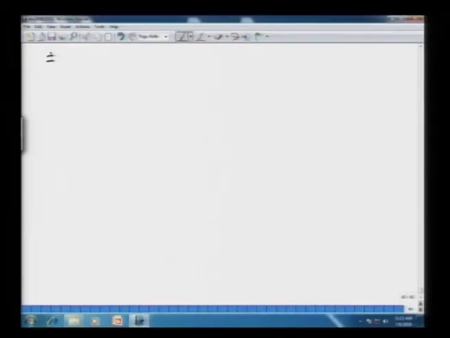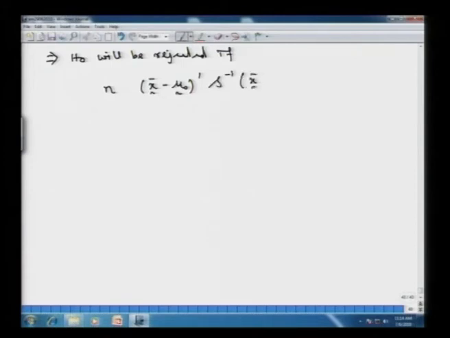And thus, this would imply that H naught will be rejected if we have this quantity n times, now I will plug in the supremum value of that. The supremum value is given by x bar minus mu naught transpose, which is v transpose, then A inverse, which is our S inverse, times x bar minus mu naught, is large.